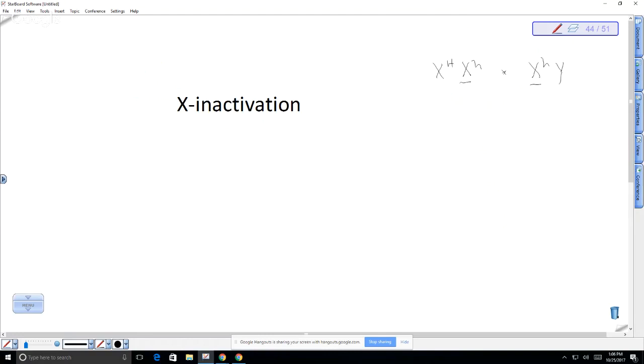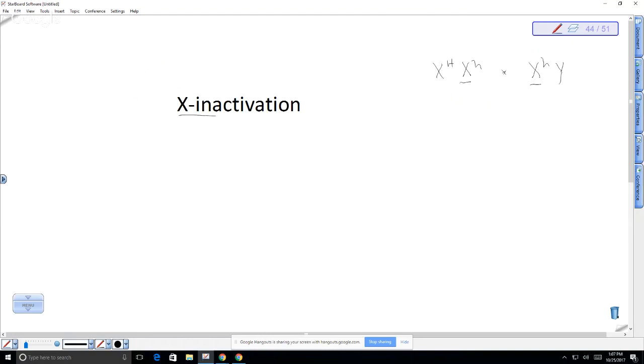Okay, so we know that females have 2 X chromosomes and males have only 1. So what that suggests is that we only need 1 copy of those genes to do work, right? So we have what is called X inactivation.